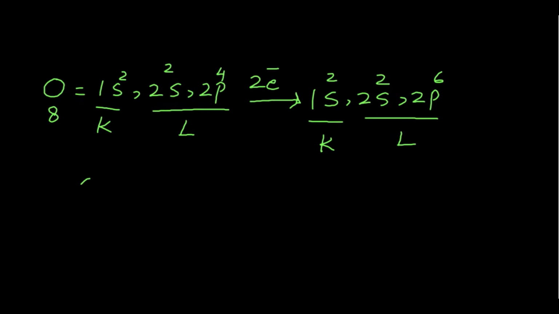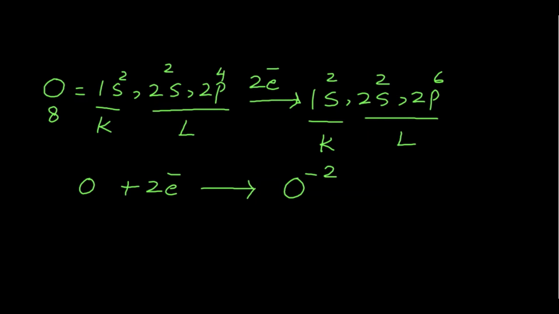Now the electronic configuration of oxygen is similar to the noble gases. Simply, we can write this reaction as: oxygen gains 2 electrons in a chemical reaction and changes to the oxide ion. It has a -2 charge. Since oxygen gained 2 electrons, it attains a -2 charge.